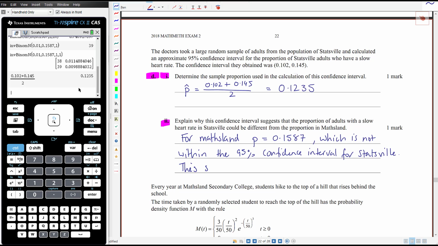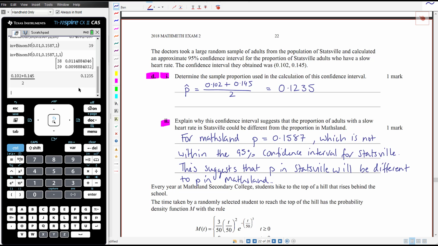This suggests that P in Statsville will be different to P in Mathsland. Because we would expect the confidence interval to capture the actual population proportion with 95% confidence, and the fact that the population proportion for Mathsland isn't even within that confidence interval perhaps suggests that Statsville's p-value is actually different to that of Mathsland.